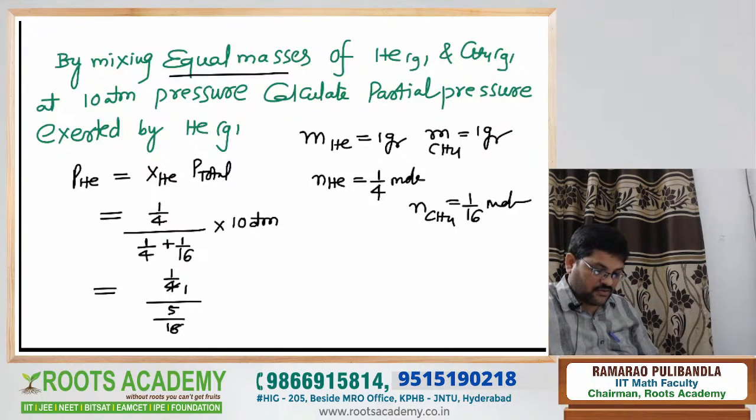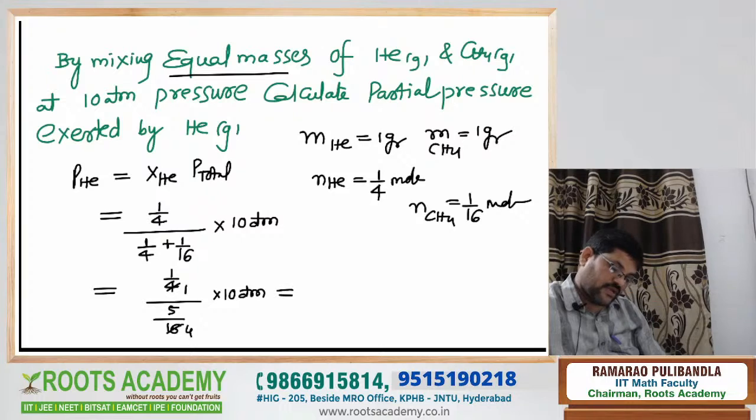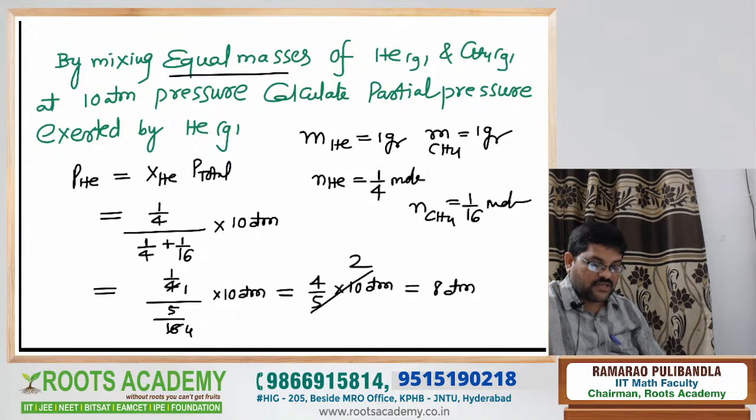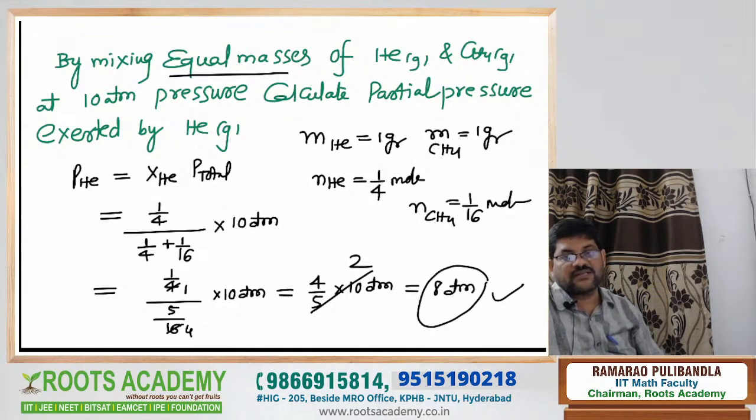So 4 by 5 into 10 atmospheres, on cancellation you get 8 atmospheres. Therefore, the partial pressure of the helium gas is 8 atmospheres.